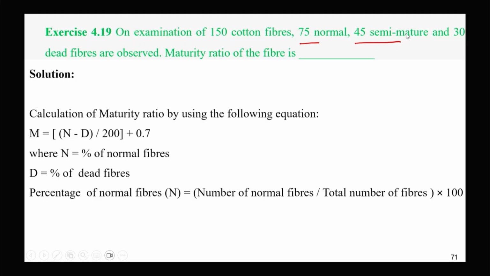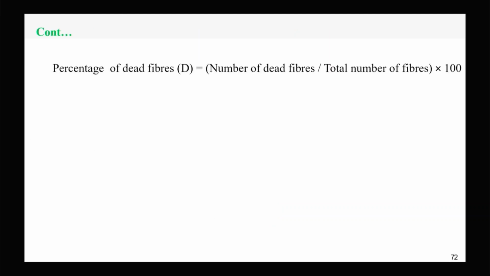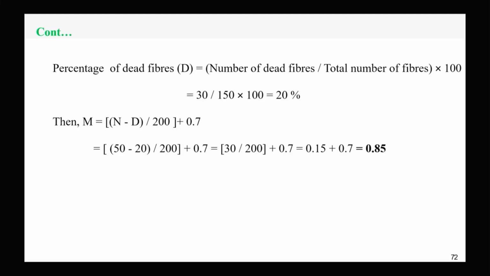In a similar way, percent normal fiber becomes 50% and percent of dead fiber is 20%, and we can calculate the maturity ratio as 0.85.